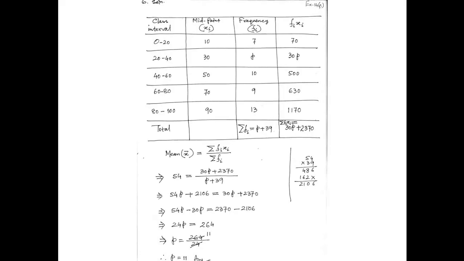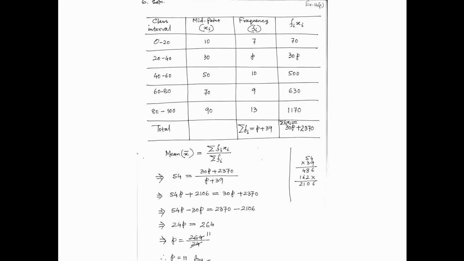This is from the same exercise, question number 6. In this question, you see, if the mean of the following distribution is 54, find the value of P. Here, the question is not written, so in the book, you will see the question.